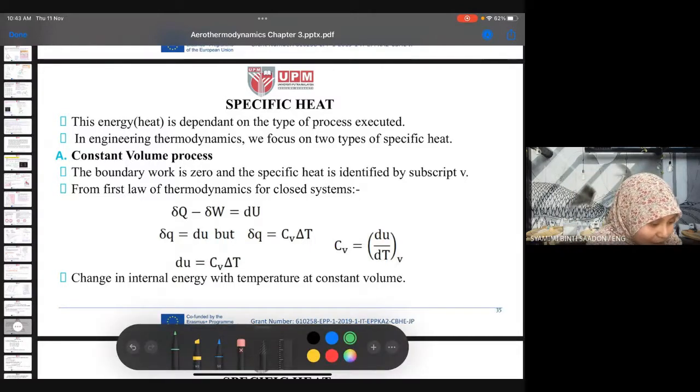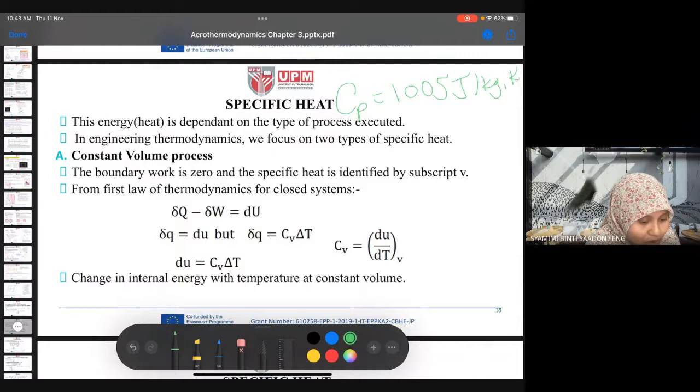For example, Cp at constant pressure for air, the value is 1005 joule per kilogram Kelvin.